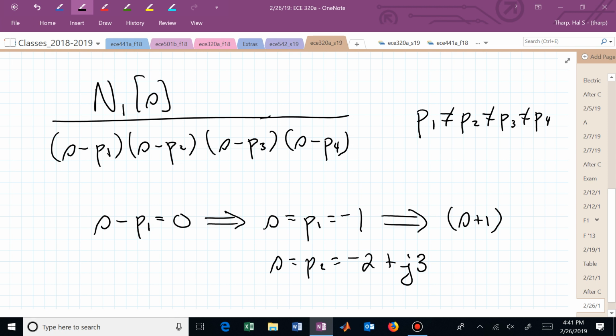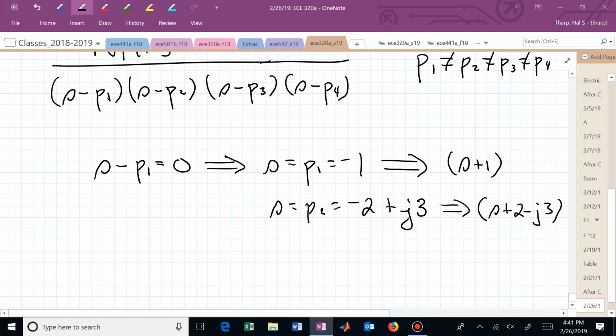What about this guy? That's the factor it corresponds to. What about P sub 3? It's still minus 2, but it's now at minus j3, and it corresponds to this S plus 2 plus j3 factor.